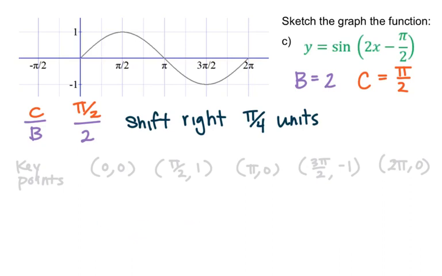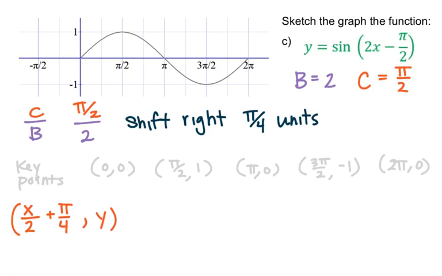So as I said, I'm going to take my x value, divide it by 2, and then add pi over 4.